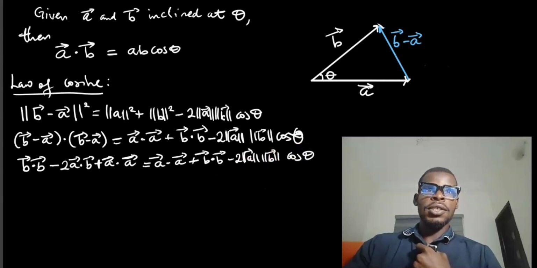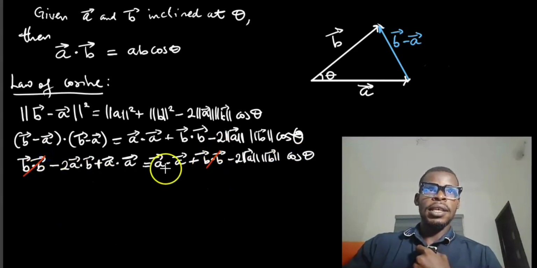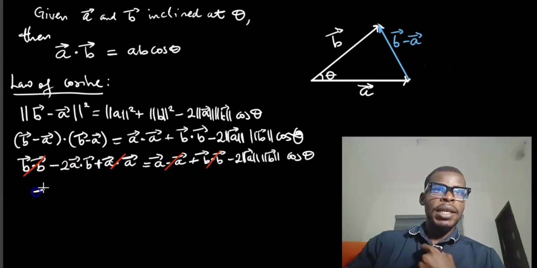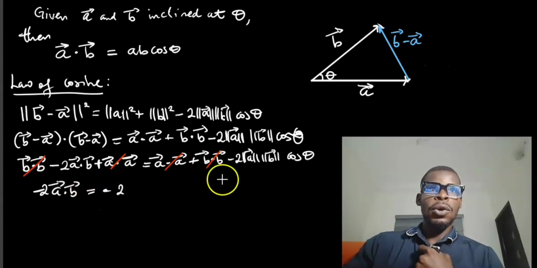Alright, great. Now you notice that we can cancel this with that, and then cancel that with that. So after cancelling that, we are left with negative 2 times the dot product of vectors a and b, which is the same thing as negative 2 times their lengths.